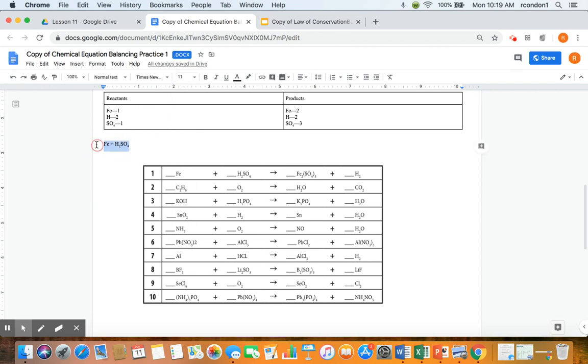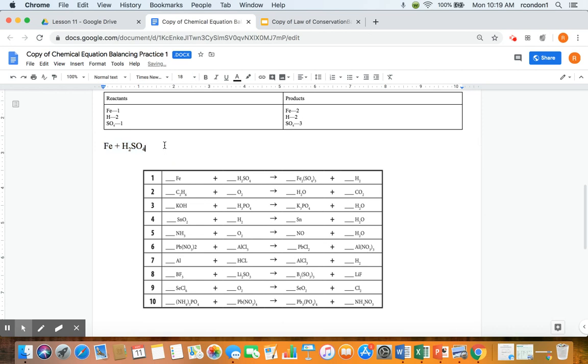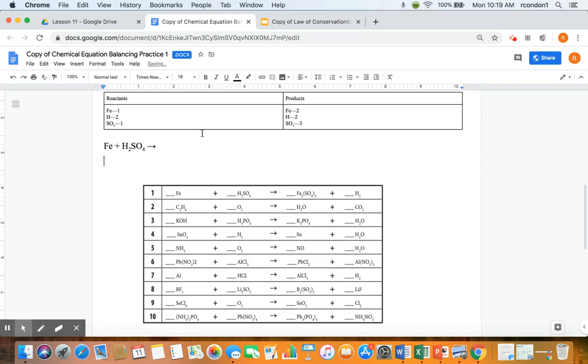There we go. H2SO4. And then to make the arrow, I do 2 dashes and then the right arrow. There we go. Yields FeSO4 plus H2. So this is not balanced, right? Because we have different numbers on both sides.